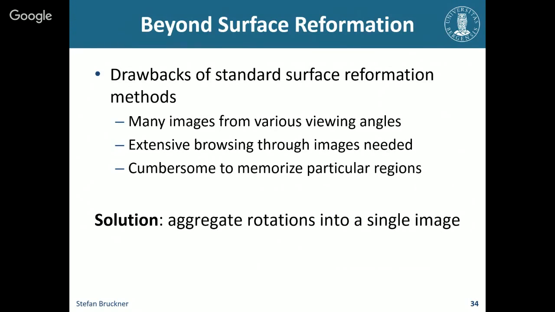That means, again, browsing through quite a few images, which can make it difficult if you have, for example, pathologies that only show up in a few of those images, and you need to mentally put this back together. So one idea is, can't we produce a single image that captures the same information? We are interested in information around the vessel lumen, so we could aggregate these rotations into a single image.